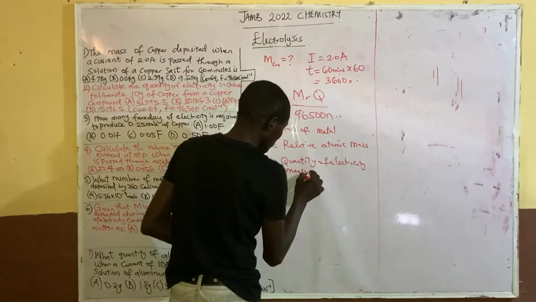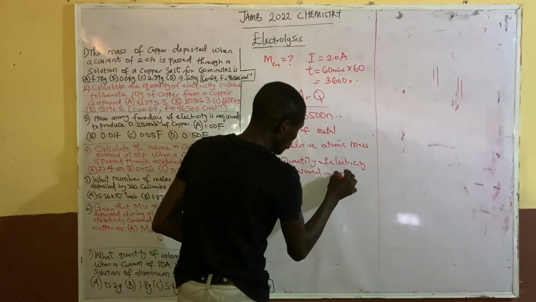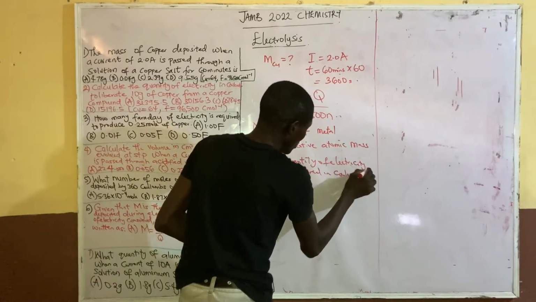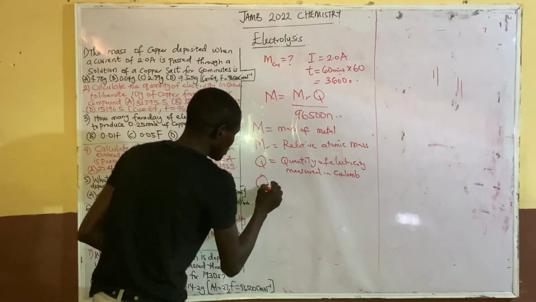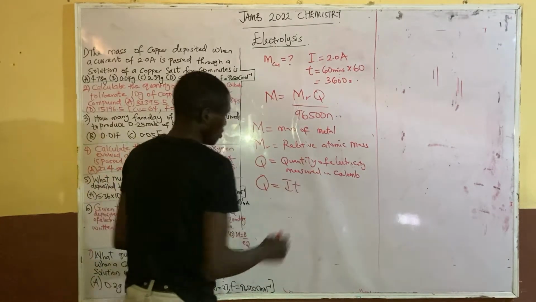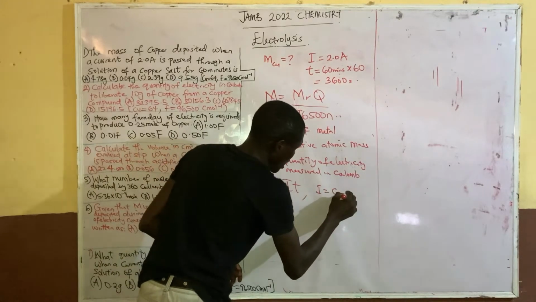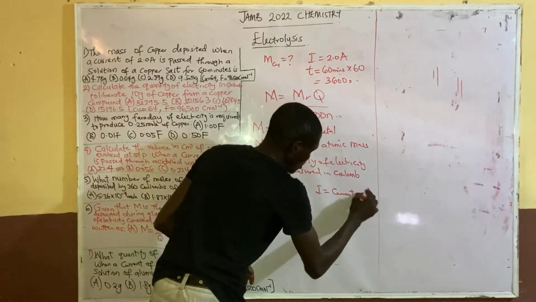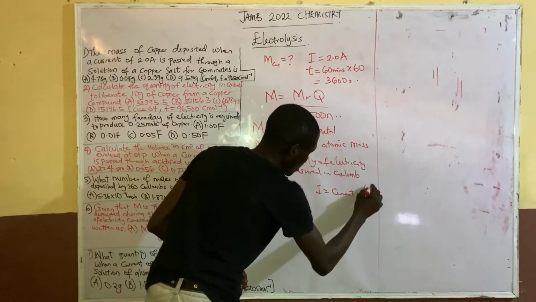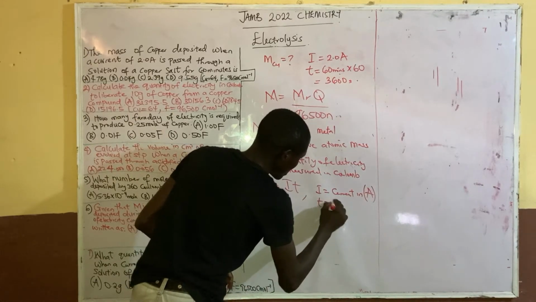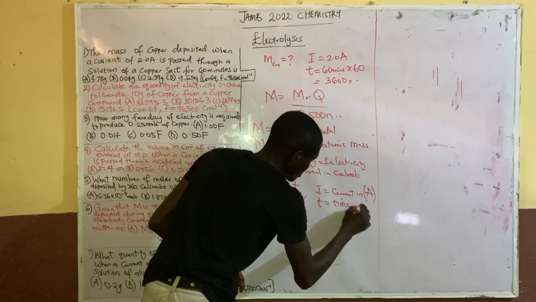Q can be given as I times T, where I is the current in ampere and T is the time in seconds.